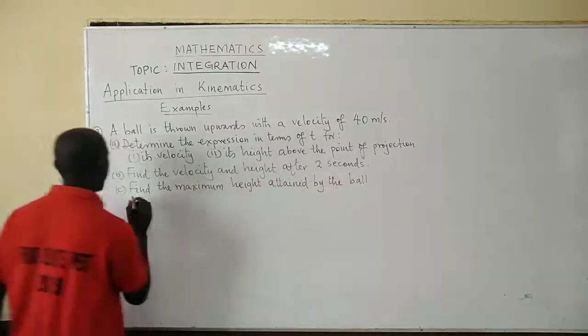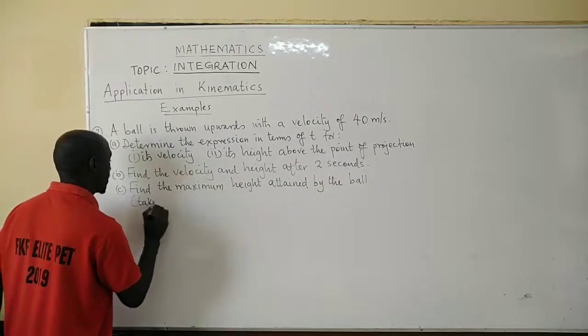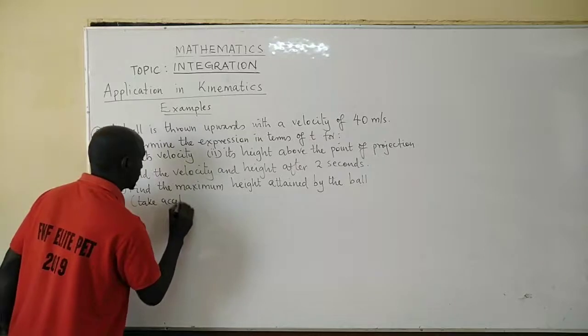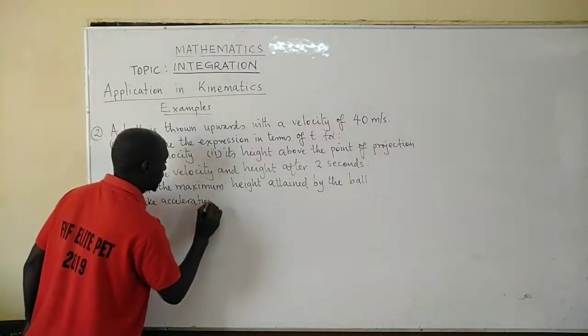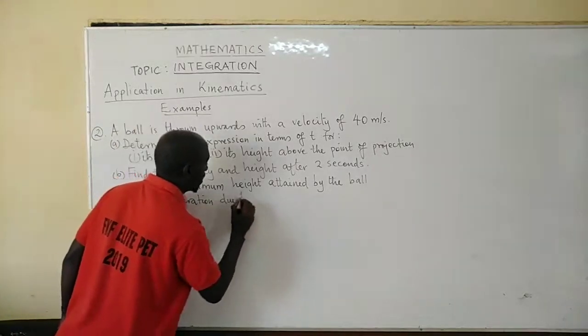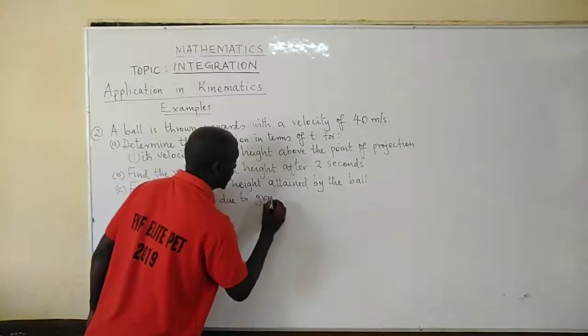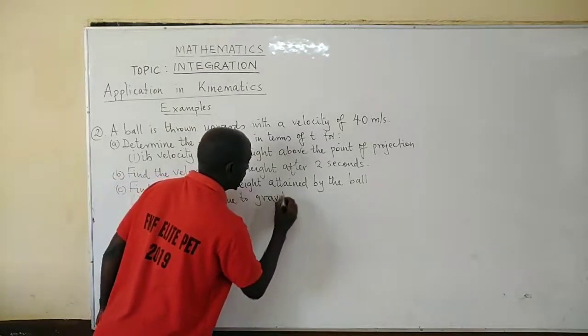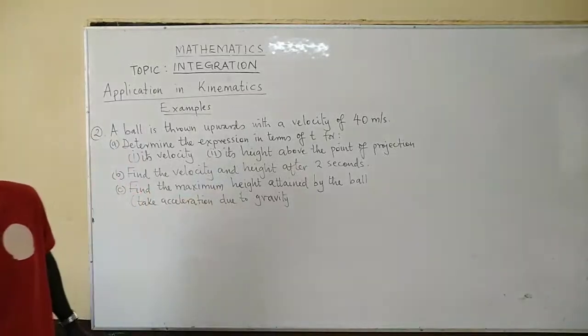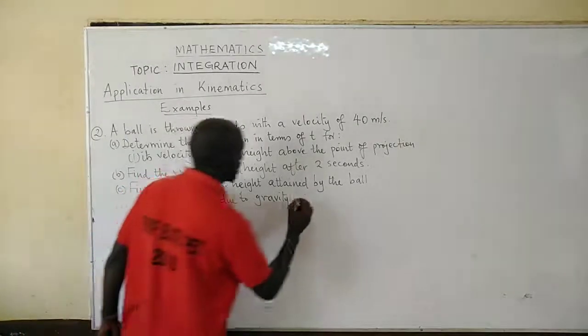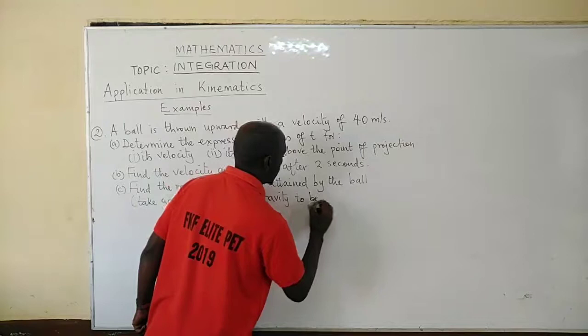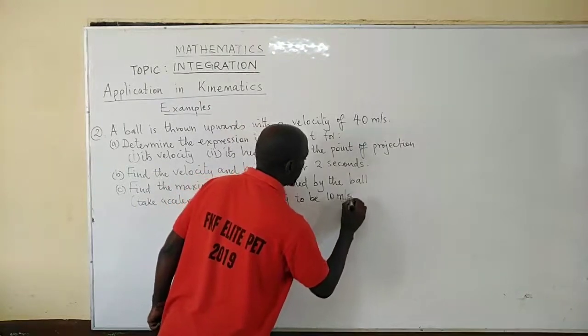And you are told to take acceleration due to gravity to be 10 meters per second squared.